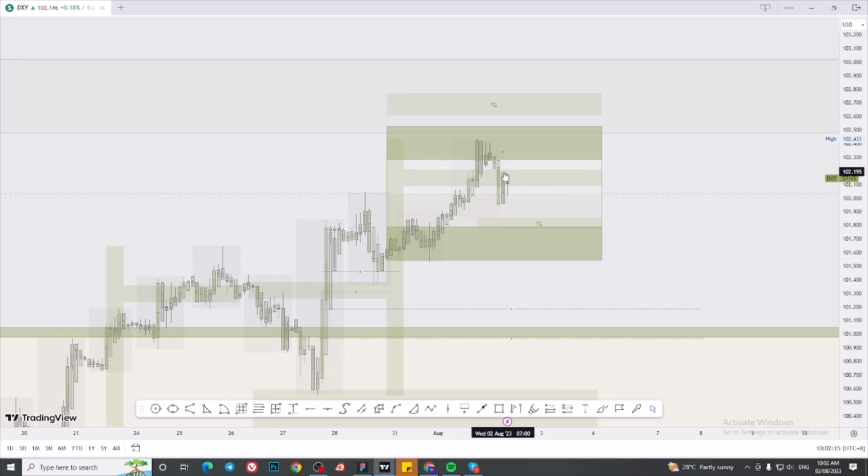And then market will go down here, and it will respect this 101.787. It can go a little, like I said, this is not very accurate, but it gives us a little confidence of where we can position our trade.